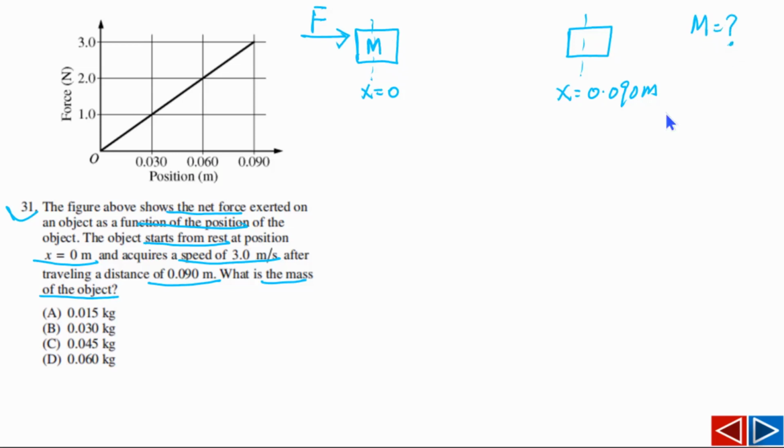As the net force acts on the object, this net force will increase the kinetic energy of the object. So we can say work done by F, meaning work done by the net force, will be equal to the change in kinetic energy of the object. The initial kinetic energy of the object is equal to 0, so this is 1/2 mv squared minus 0.